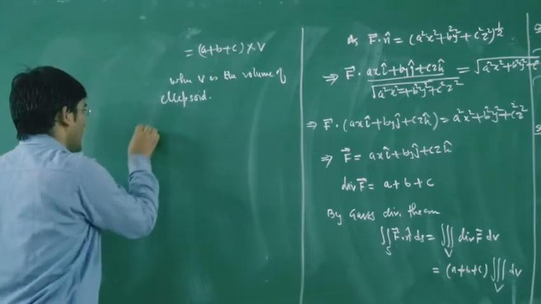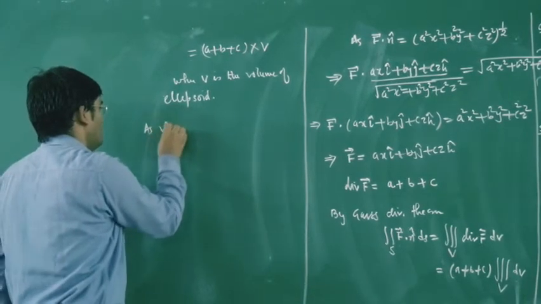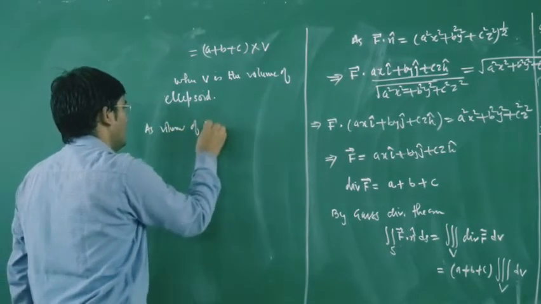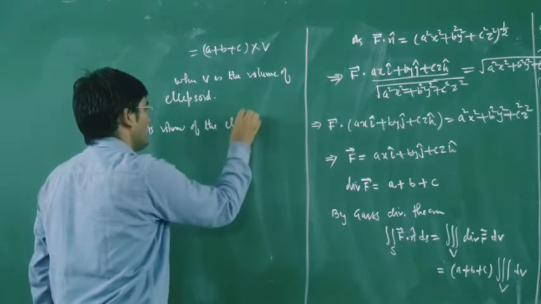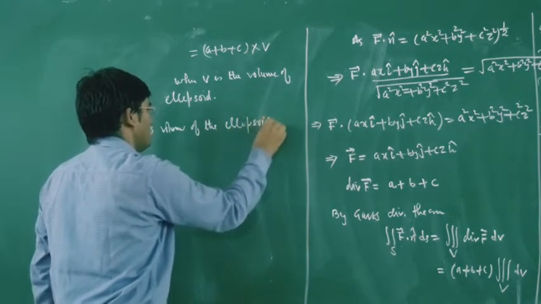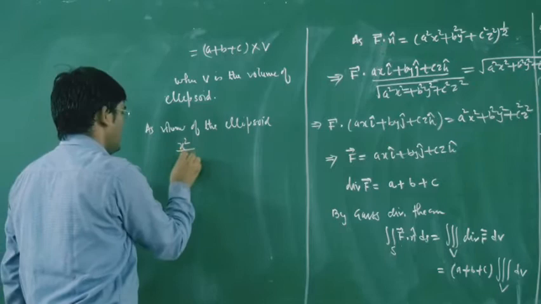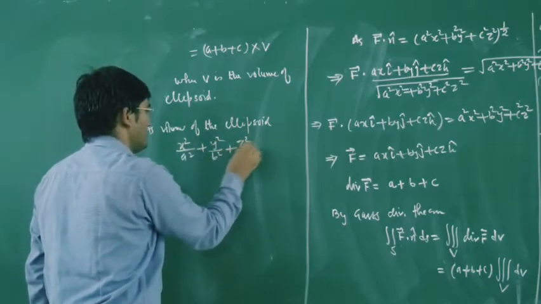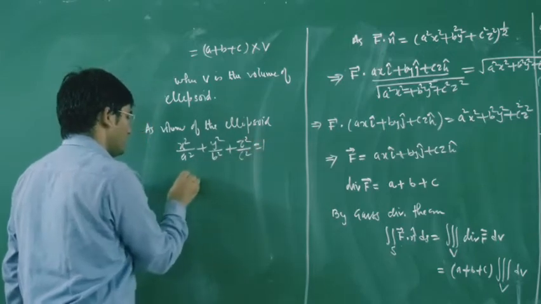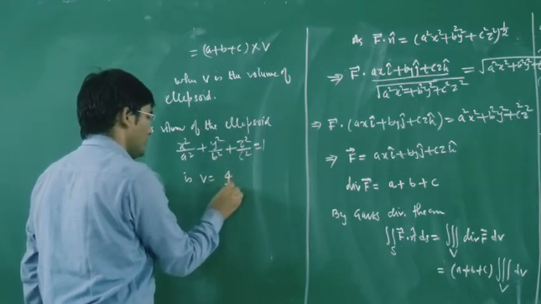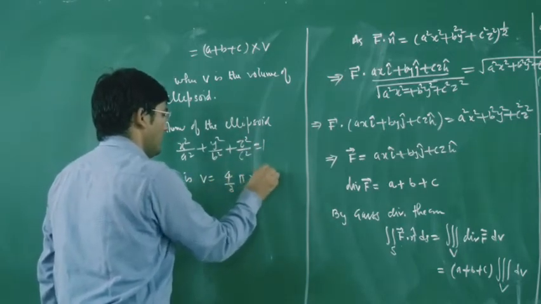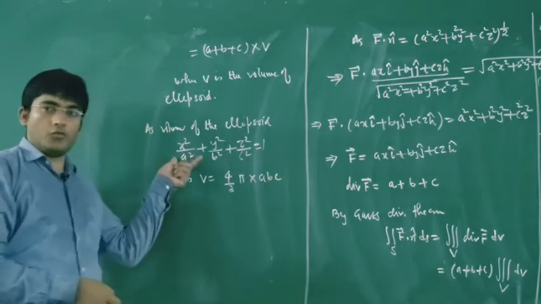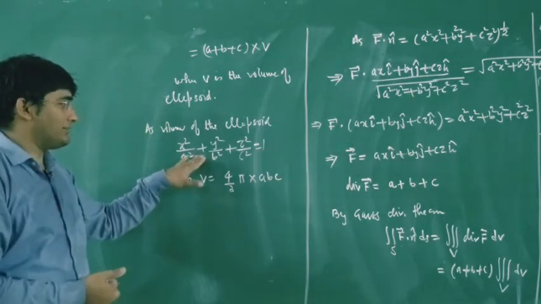Now the volume of the ellipsoid x square upon a square plus y square upon b square plus z square upon c square equal to 1 is 4 upon 3 into pi into abc. This is the volume of your standard ellipsoid.